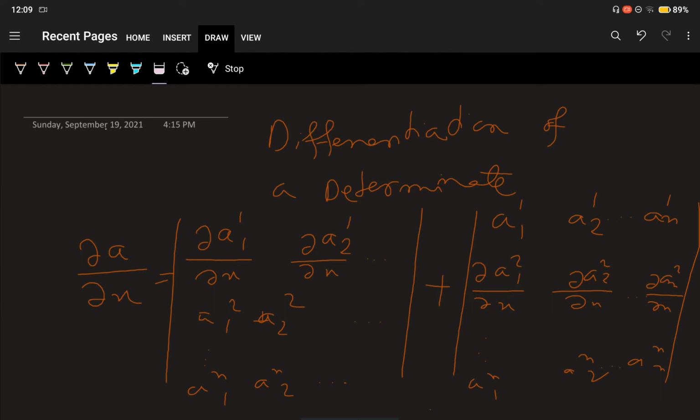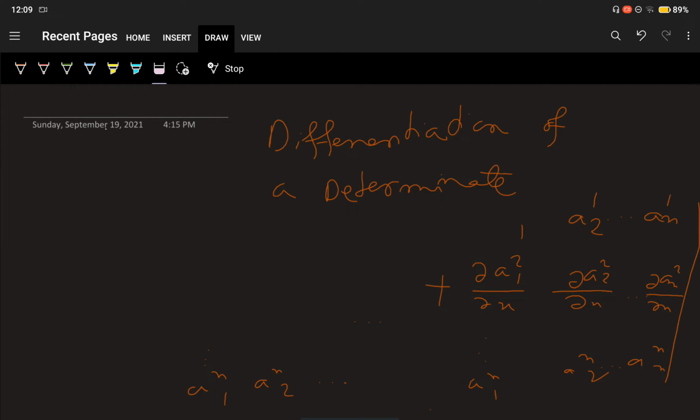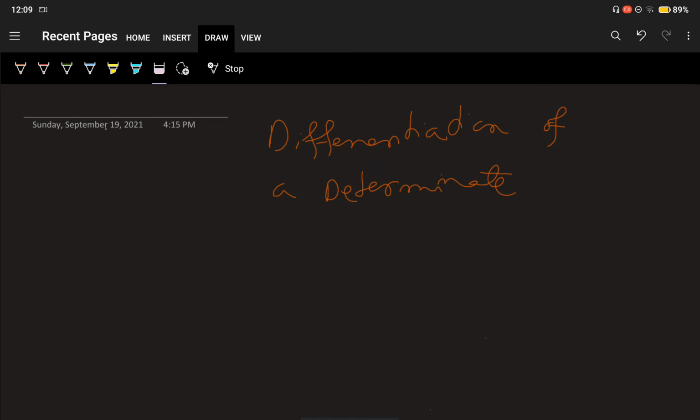So that can be written in dummy indices, which is convenient since it is difficult to write in large scale on paper.